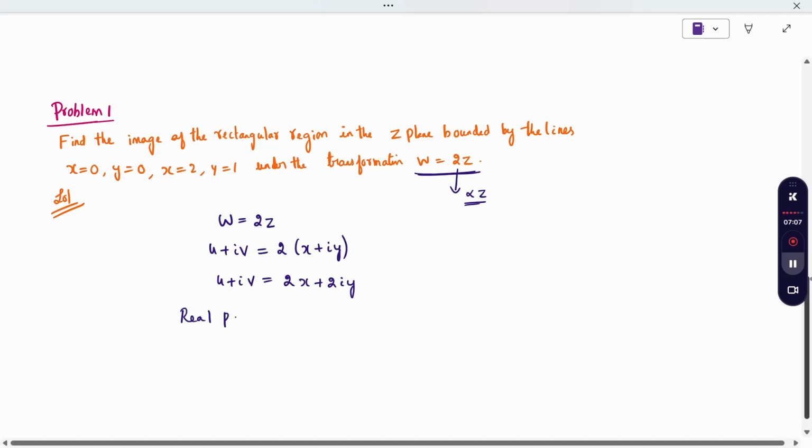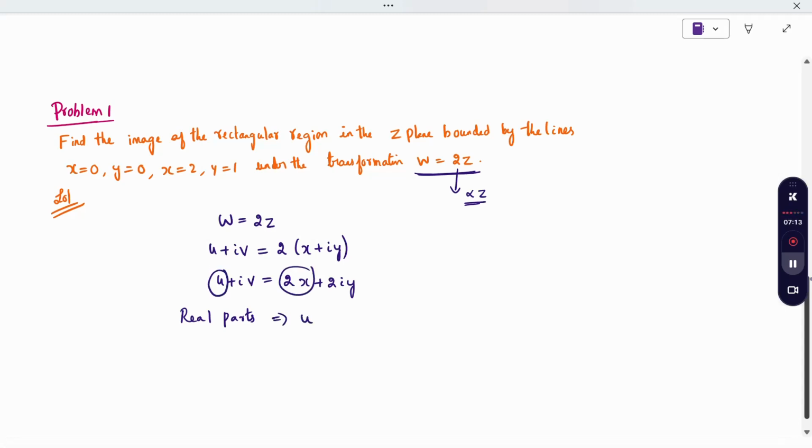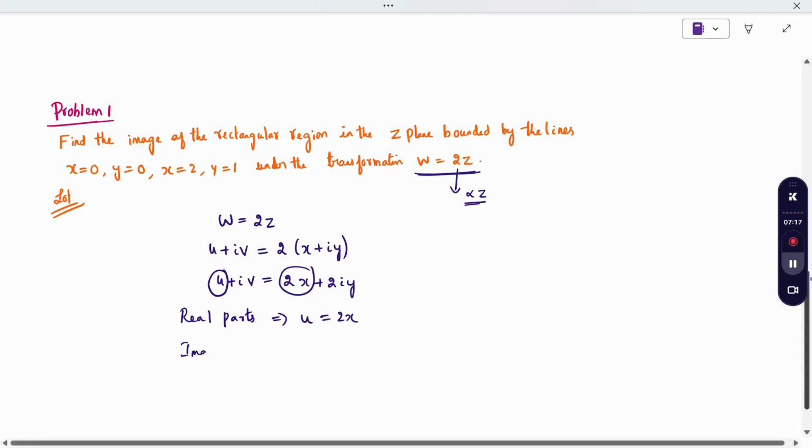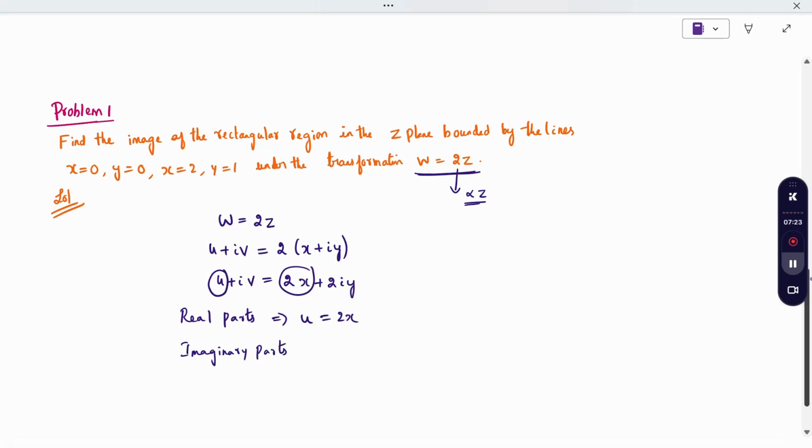The real part is nothing but u, so u equal to 2x. The imaginary part is v, and v is nothing but 2y. So we got u equal to 2x and v equal to 2y.